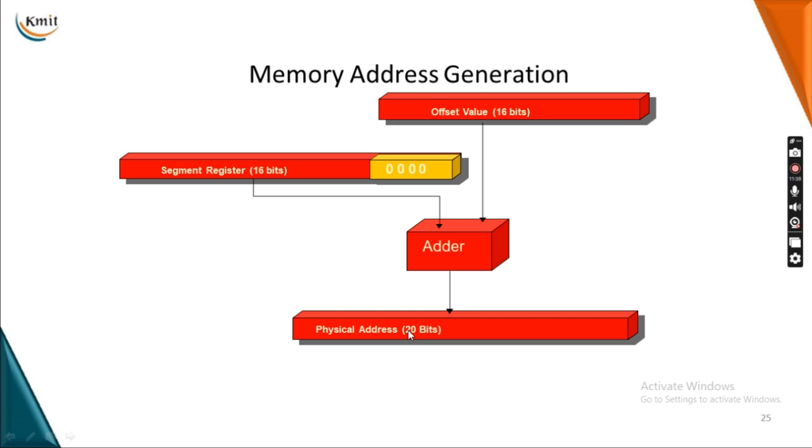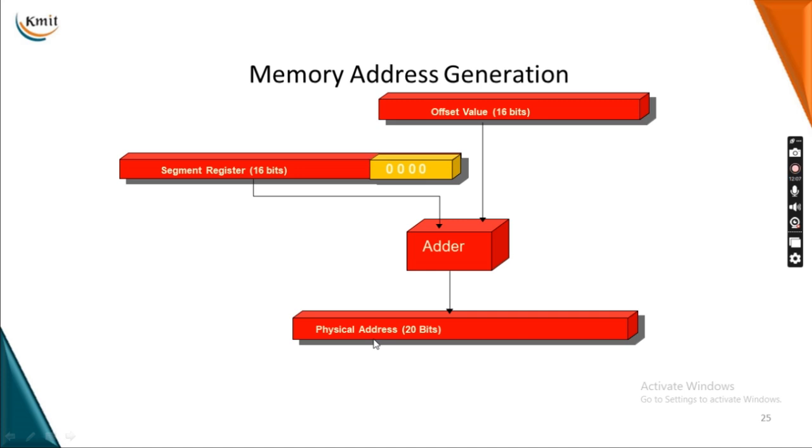So whatever the segment address is, multiplied by 10 in hexadecimal, which is 16, plus the offset address gives my physical address of 20 bits.